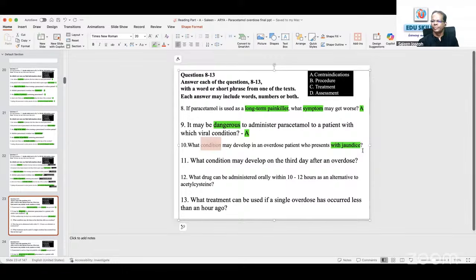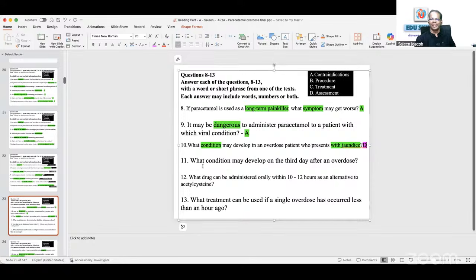Symptom? D, Father. D for the Assessment. We'll keep it under warning. A first. Okay, it must be A, I believe.